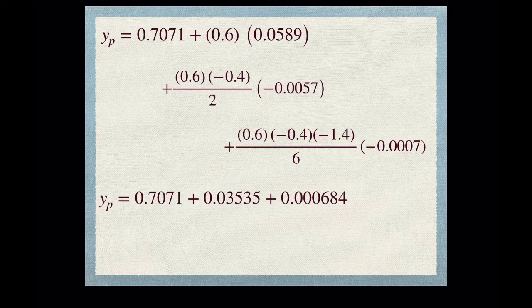In the second term, after multiplying, it is 0.03535. In the third term, minus into minus turns out to be a positive, so I have 0.000684. In the last term, you can observe it is minus into minus into minus, so it gives me a negative thing with 0.0000392.